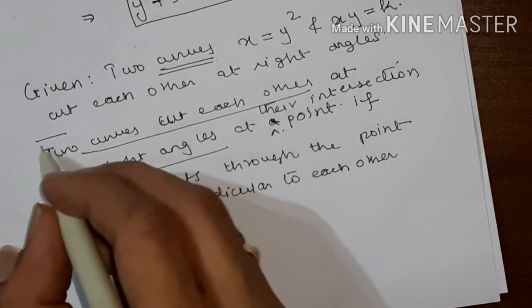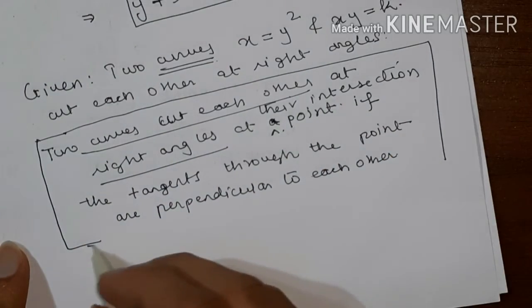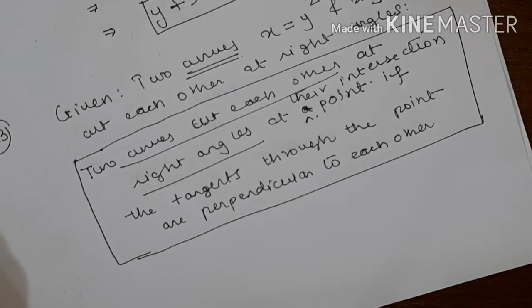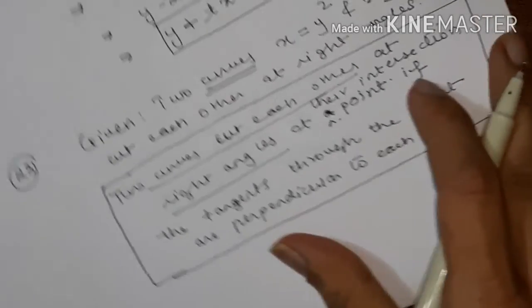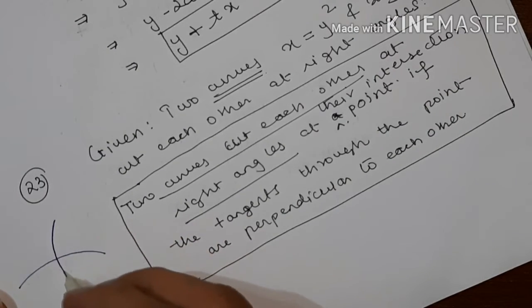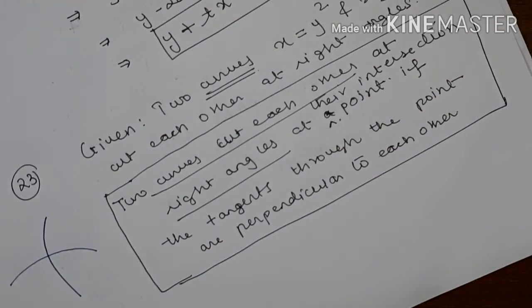So this is the meaning of two curves cutting each other at right angles. So if you have two curves like this, then they will cut each other at right angles.